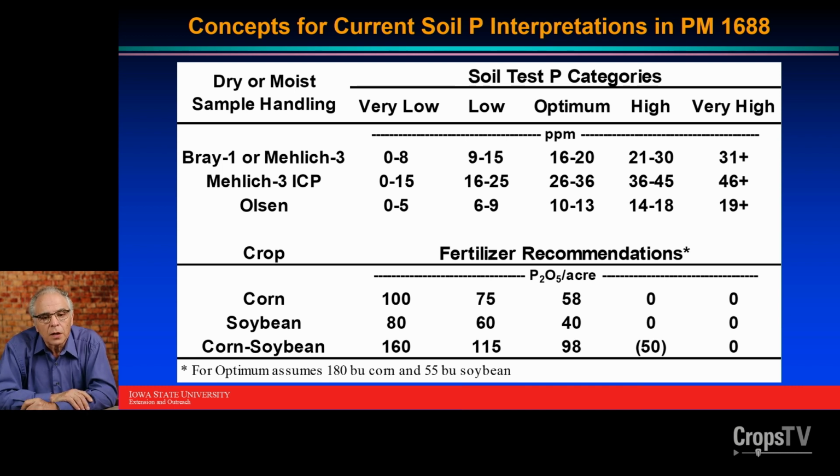Those follow the long Iowa tradition of having rates that are designed to maximize yield in most conditions. Okay, we don't use yield level for those, and those are supposed to get yield in most conditions. We have all the research to prove that.